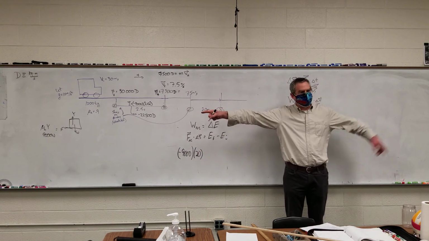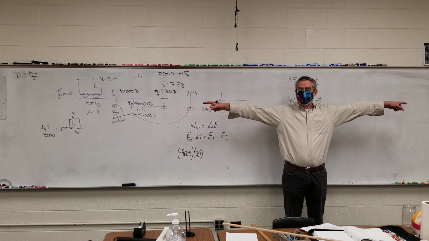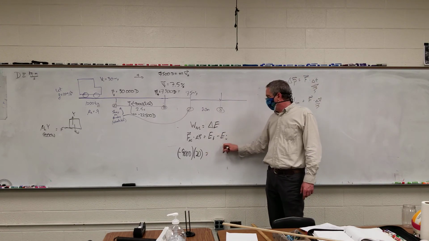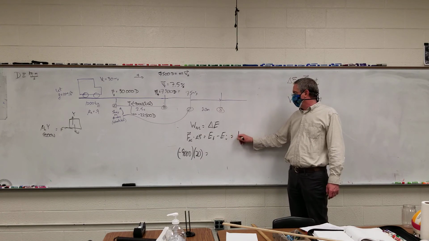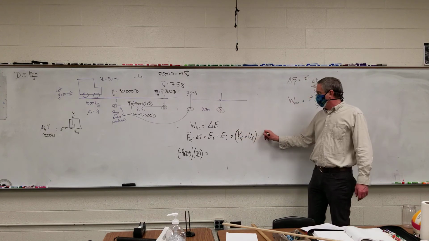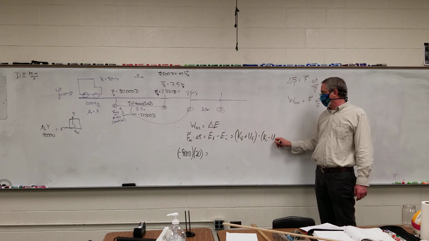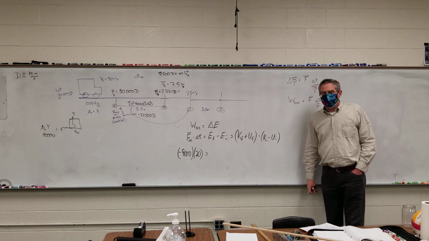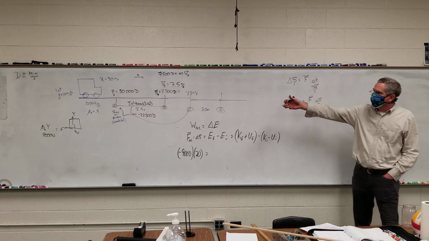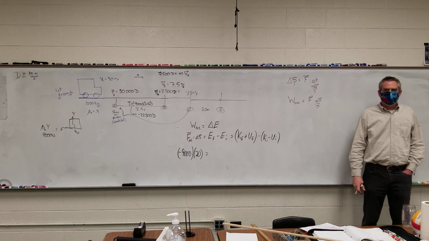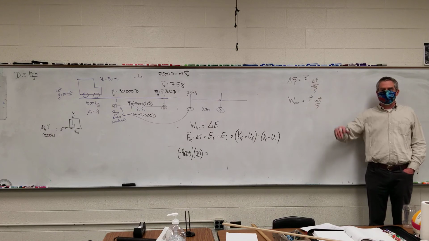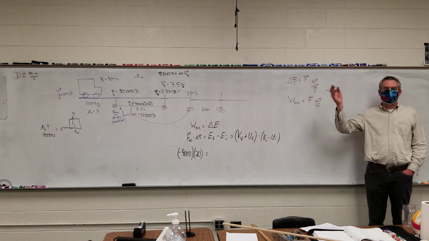Because the friction is opposing the motion, it's harming it, I better end up with a negative work. And that's going to be equal to my change in energy, which is K final plus U final minus K initial minus U initial. Well, the only conservative force here is the weight. And fortunately, this problem takes place on a level surface, so we'll just make h equal to 0 there.